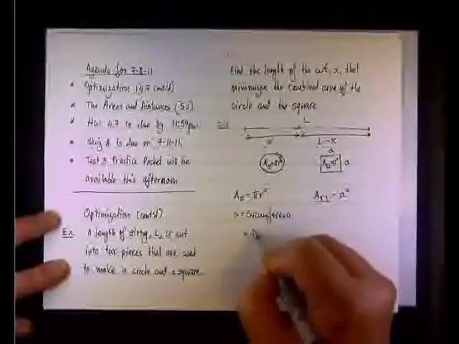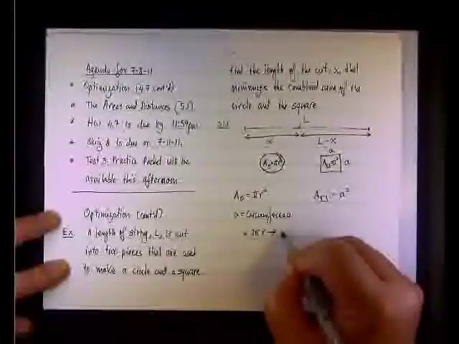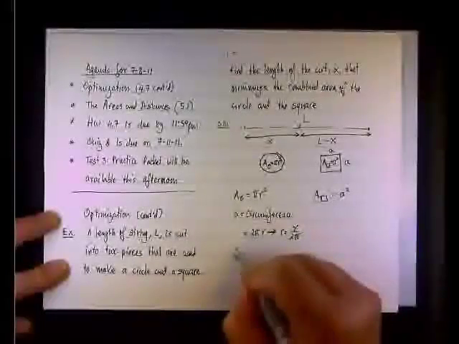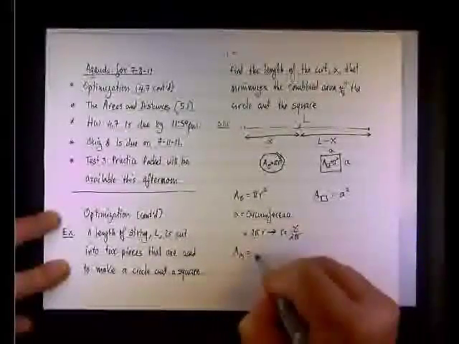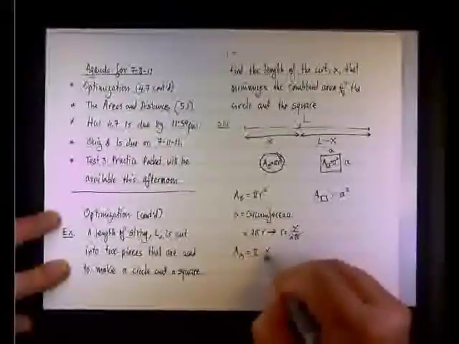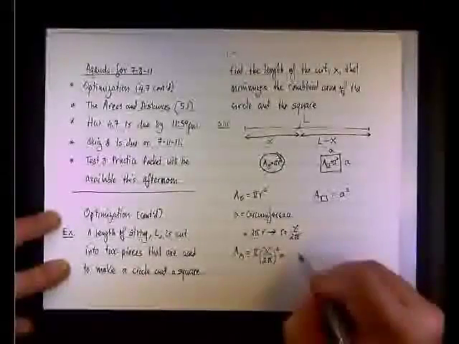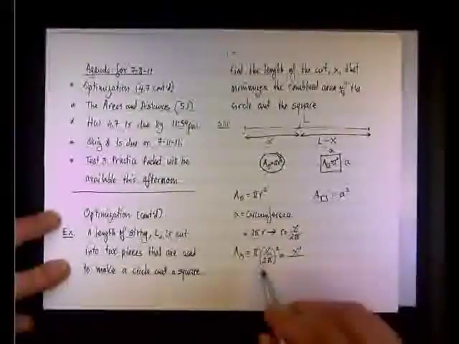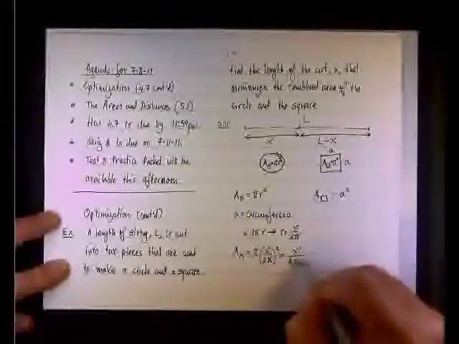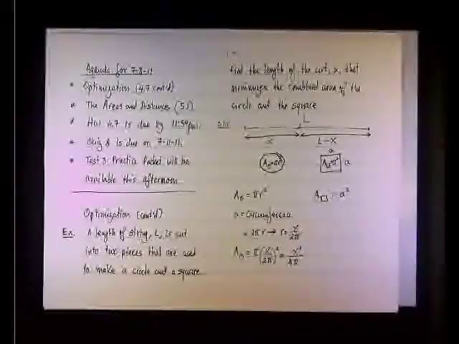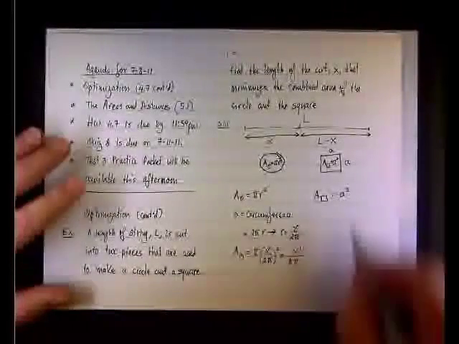So x equals 2 pi r, and therefore r by itself is x divided by 2 pi. And therefore now the area of the circle will be pi r squared, or it will be pi times x over 2 pi squared, like so. And if you clear the parentheses, you end up having x squared on top and 4 pi squared at the bottom. But we reduce pi over 4 pi squared to get 1 over 4 pi. So we got the area of the circle in terms of the length of the cut x.